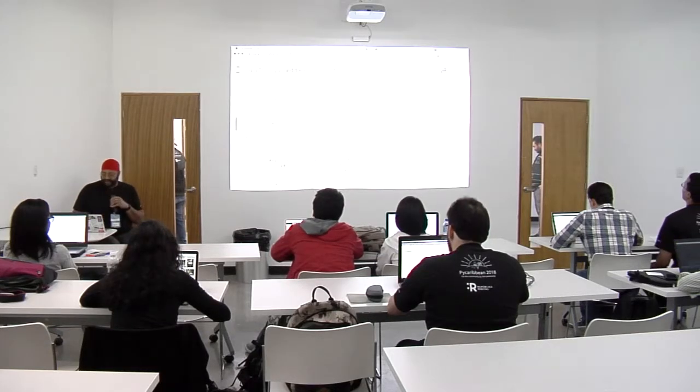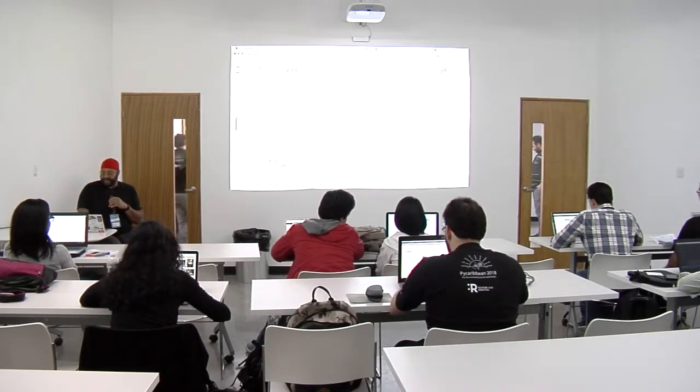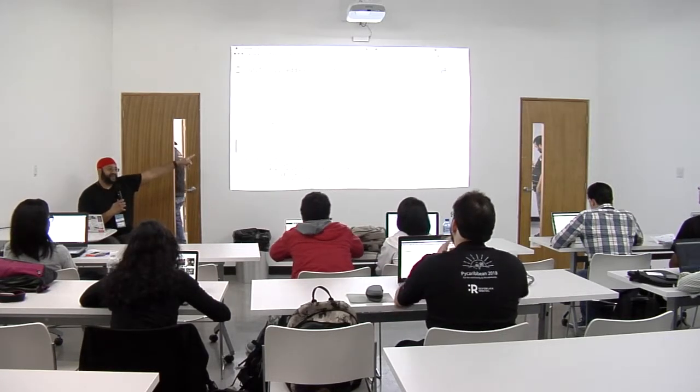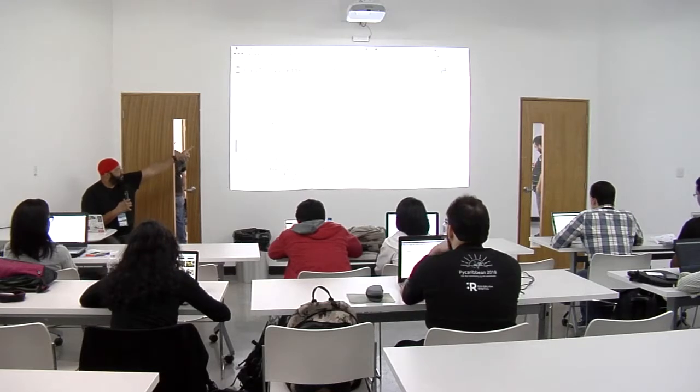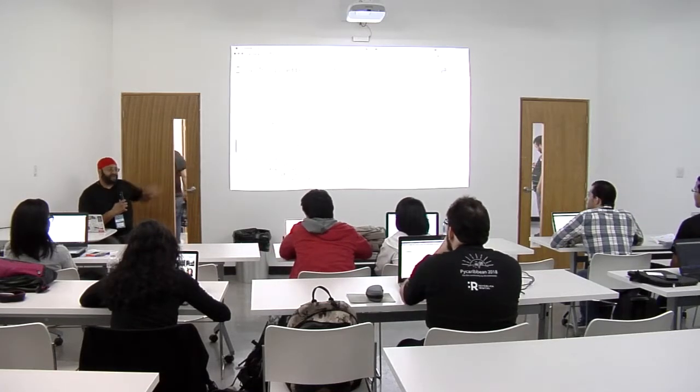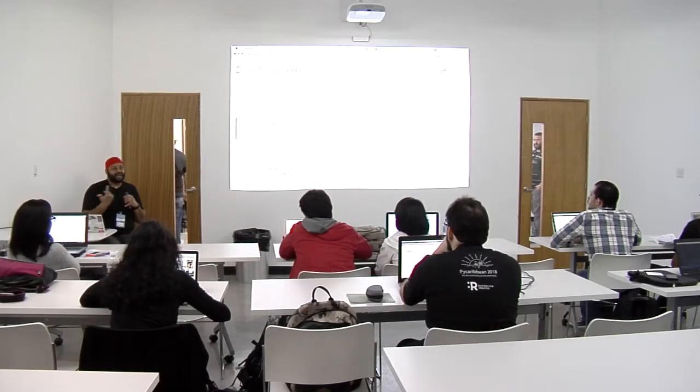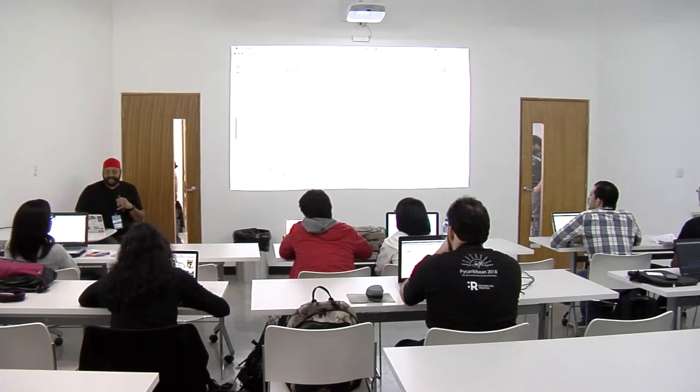I can type that in, and if I hold down the Shift key and press Enter, it gives me the result. Input 1, output 1, so it gives me the result 15. Any Python code you can type and run here in a Jupyter notebook, and that's what's nice about them.